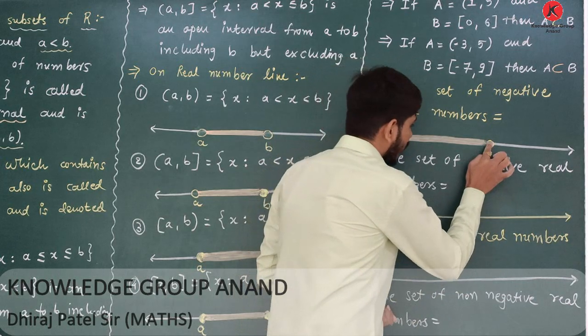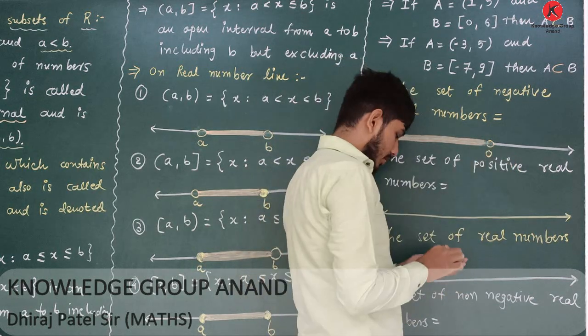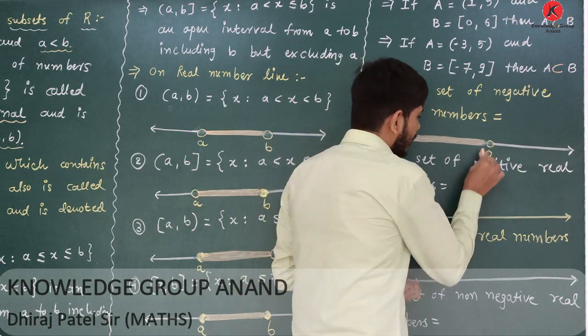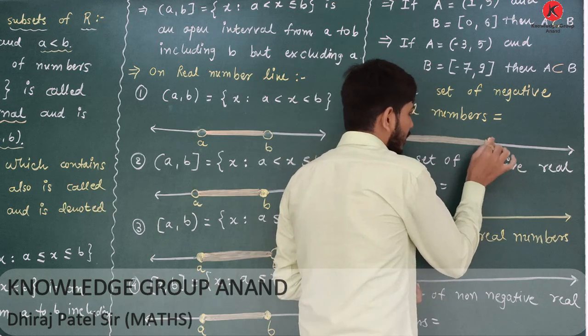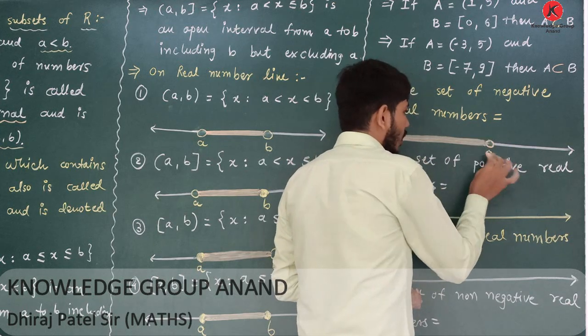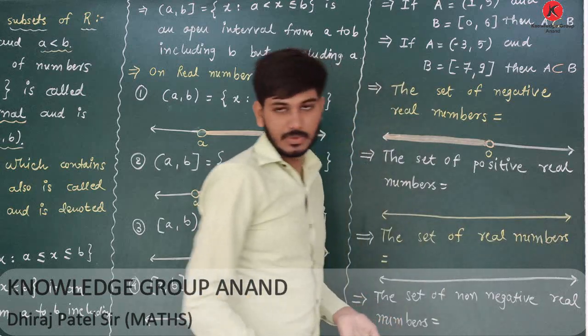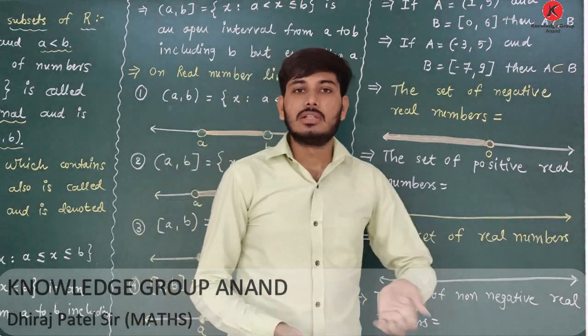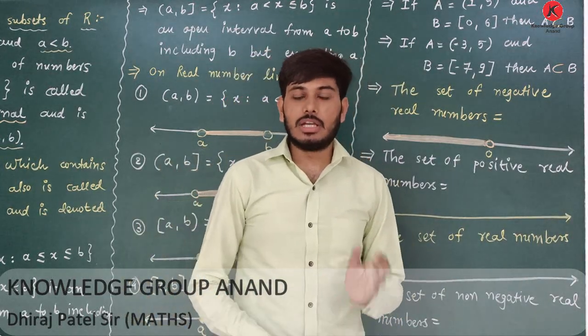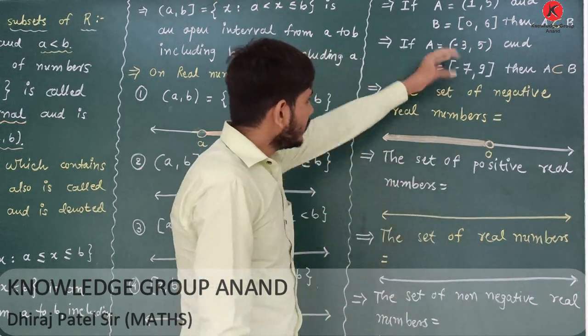We have not included 0 here, therefore a hollow round is there. 0 is not included here. 0 is a non-negative number. It is not a negative number.